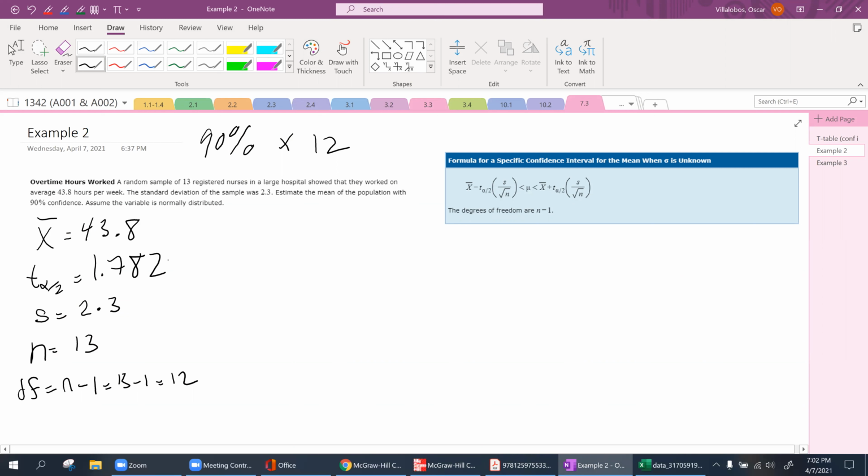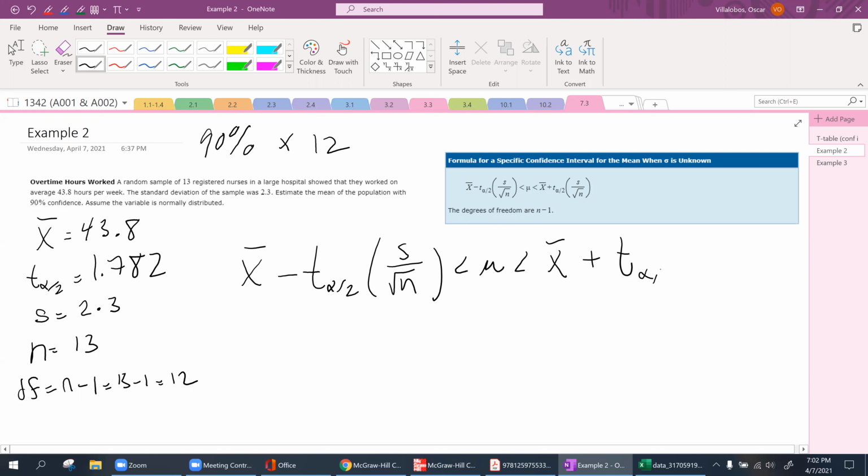So at this point, I really have everything I need to plug into the formula. Writing out the formula: x bar minus t alpha over 2 times s over root n less than mu less than x bar plus t alpha over 2 times s over root n, where the only thing that's different is this.